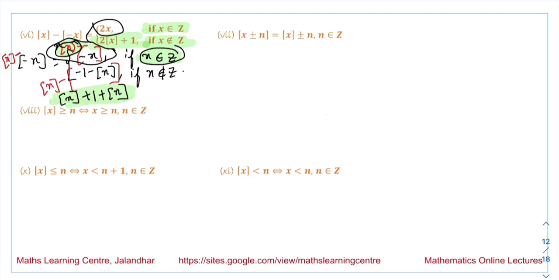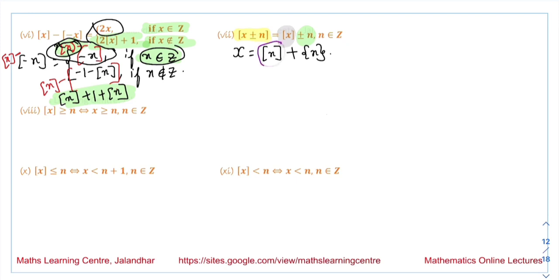Now next we have to prove that the greatest integer of the whole function x plus minus n is equal to the greatest integer of x plus minus n, where n belongs to Z. So suppose the number x has some value, the greatest integer of x plus some fractional part of x.